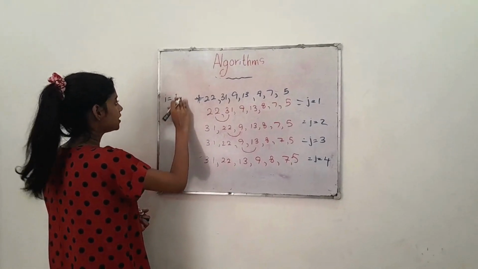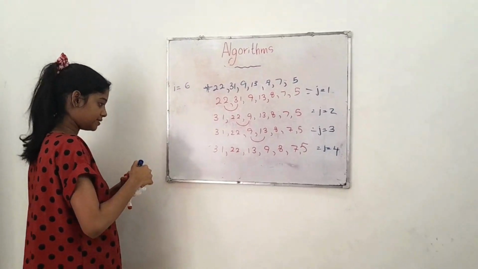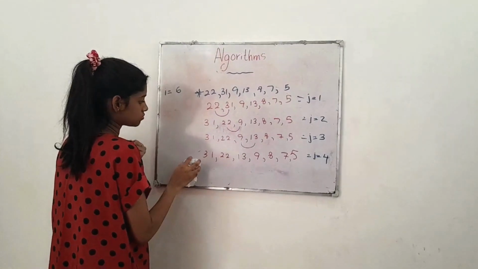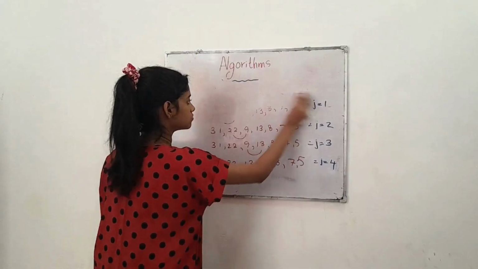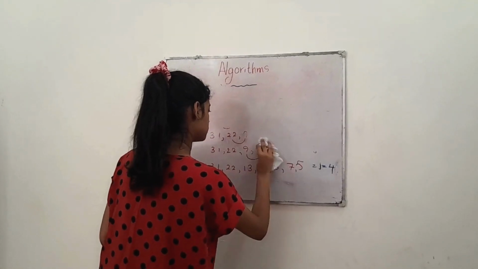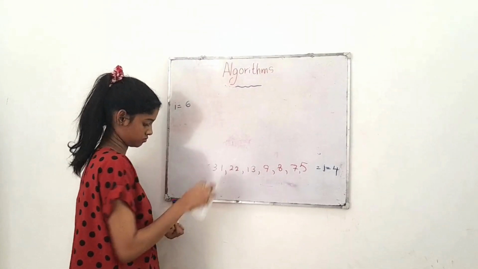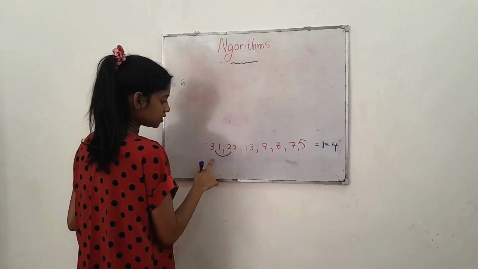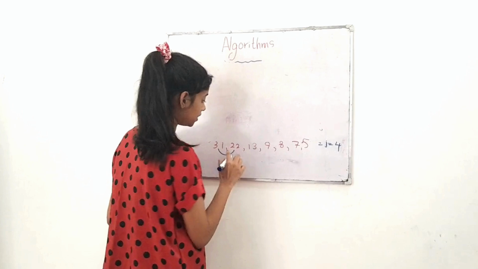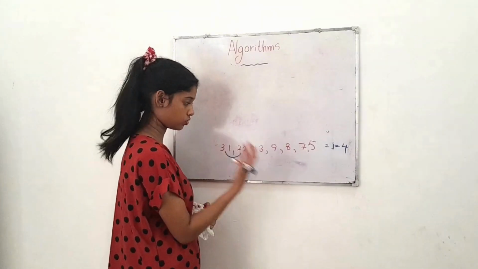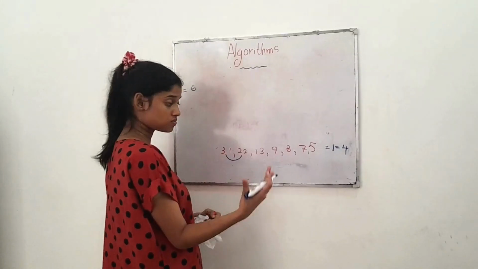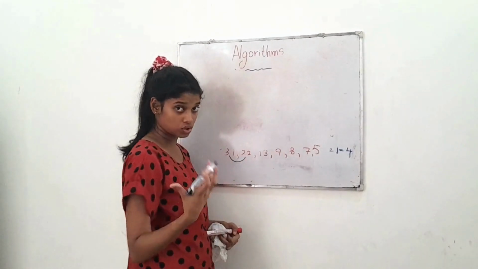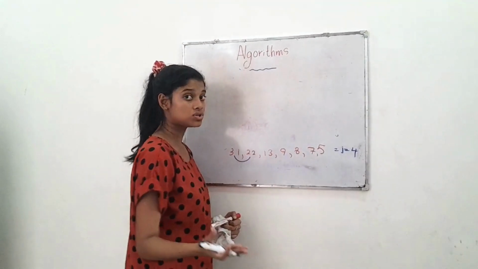Okay. The next is i equals 6. 22 and 13, no swapping. 13 and 9, no swapping. 9 and 8, no swapping. 8 and 7, no swapping. 7 and 5, no swapping.